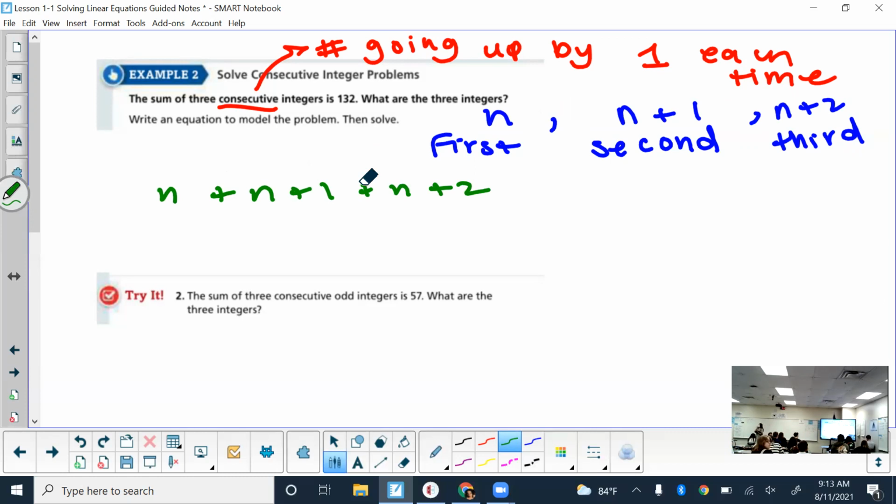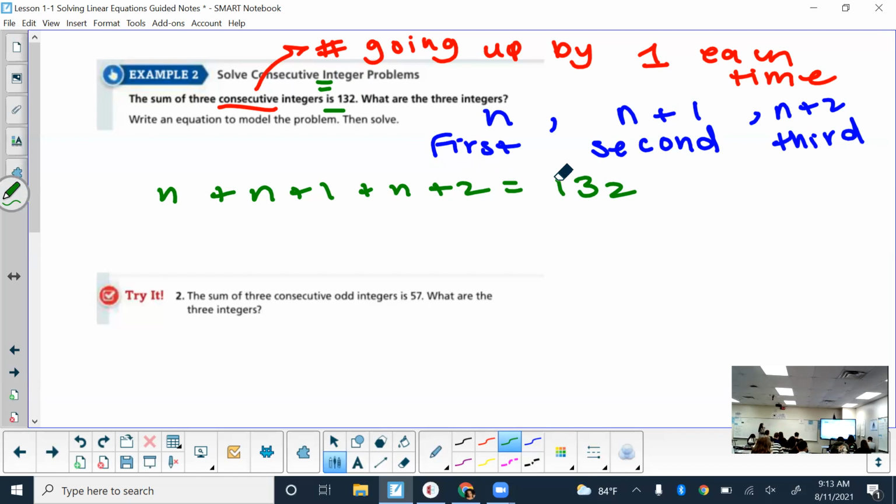That's the sum of the 3 integers. Is, in symbols, equals. So it equals 132. All right, that's how you set up those types of problems.